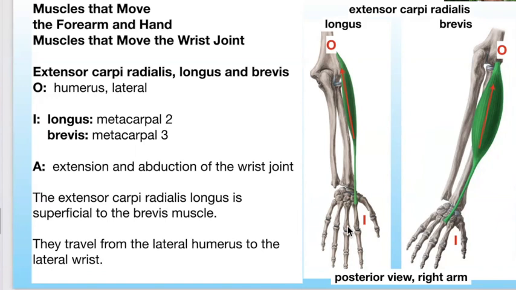So remember, we're on the posterior of the arm now. And both of these pictures are a posterior view of the right arm.